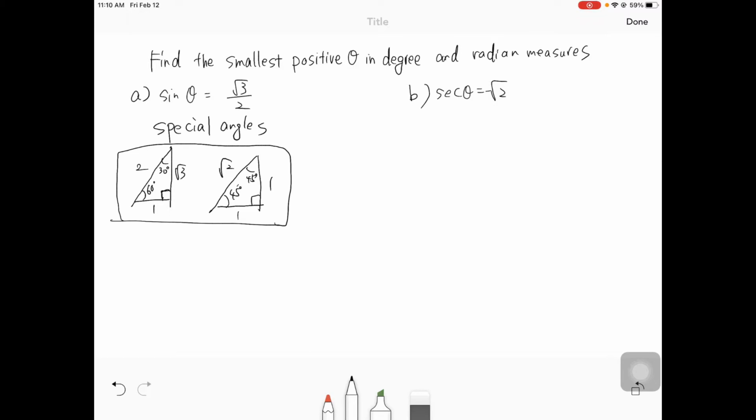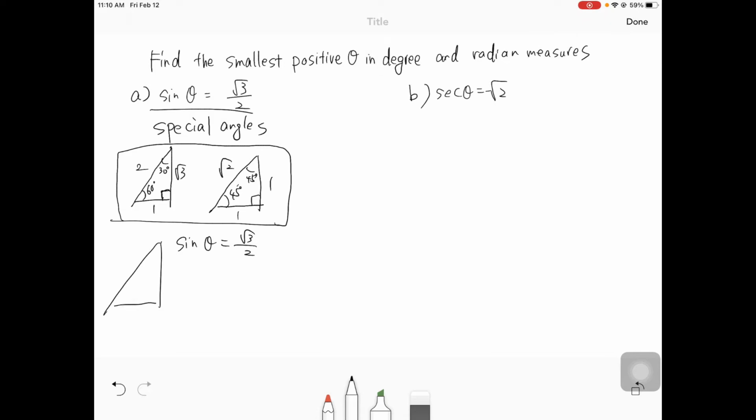Then number A, it's given that sine theta is equal to square root of 3 over 2. This means you need to find the triangle which creates sine theta equal to square root of 3 over 2. How to find it?